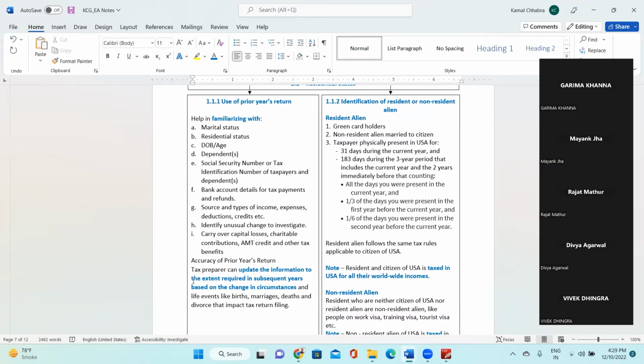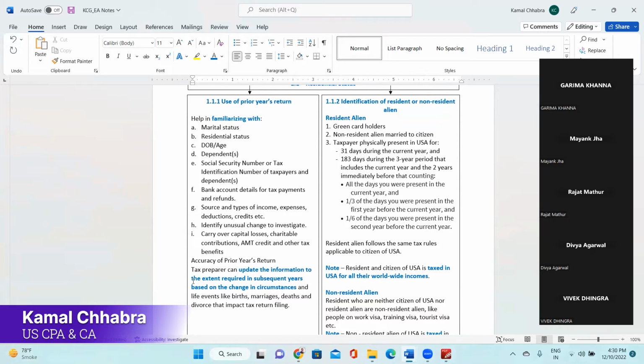Treat yourself as a US enrolled agent or US tax practitioner and treat me as your client. If you filed my income tax return in the previous year, and this year I come to you again for filing, wouldn't it be very easy and helpful to go through the previous year return and gain an understanding of this basic information?